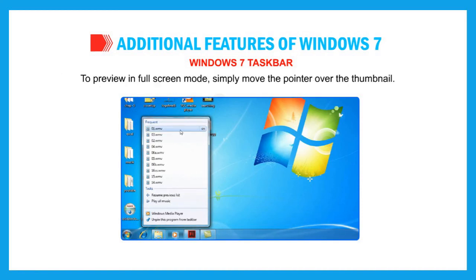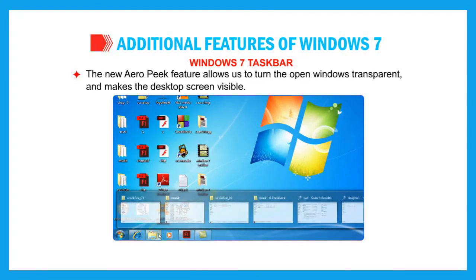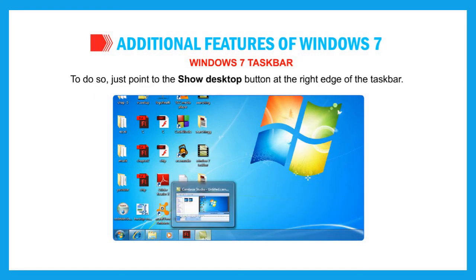To preview in full screen mode, simply move the pointer over the thumbnail. Windows can even be closed from the thumbnail preview. The new Aero Peek feature allows us to turn the open windows transparent and makes the desktop screen visible. To do so, just point to the Show Desktop button at the right edge of the taskbar.